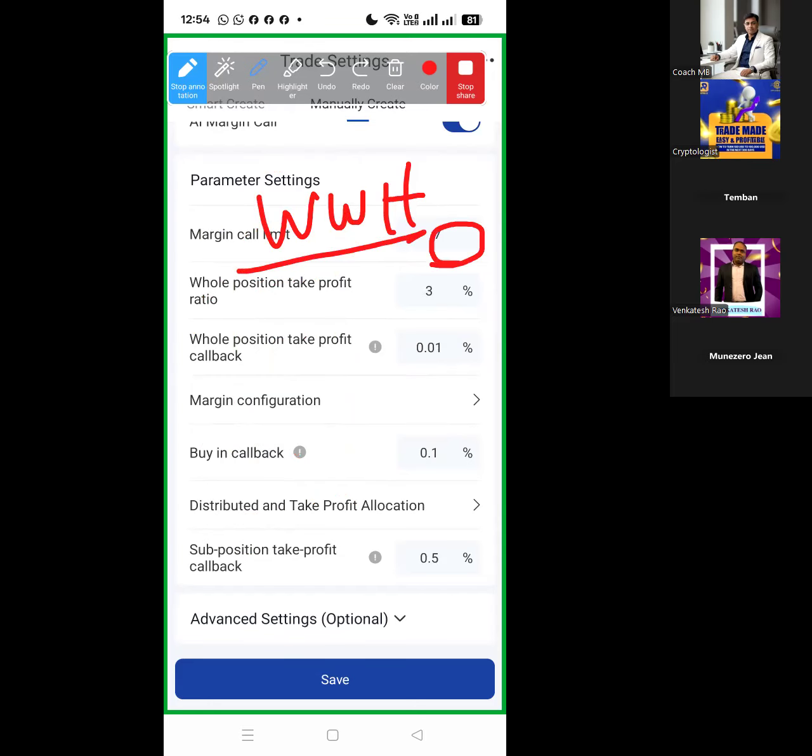So all the 7 margin calls will be sold in one go, right? It will not sell separately. It will sell the whole warehouse of all these 7 calls at the one take profit percentage that you put here, if you have opted for the whole warehouse mode.